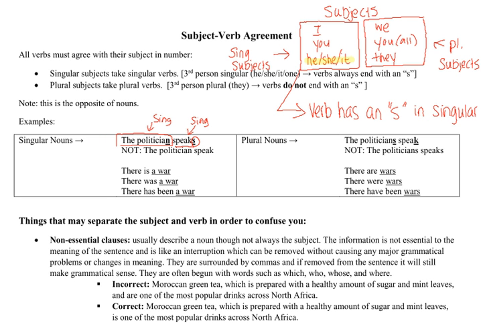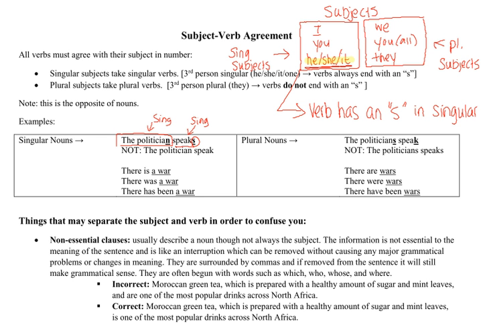Now, if you look over on the other side to the plural subjects, we sing, you all sing, they sing. So sing only has an S on the end of it for the he, she, it singular. Not for the I singular, not for the you singular. It's I sing, you sing, he sings. We sing, you all sing, they sing.